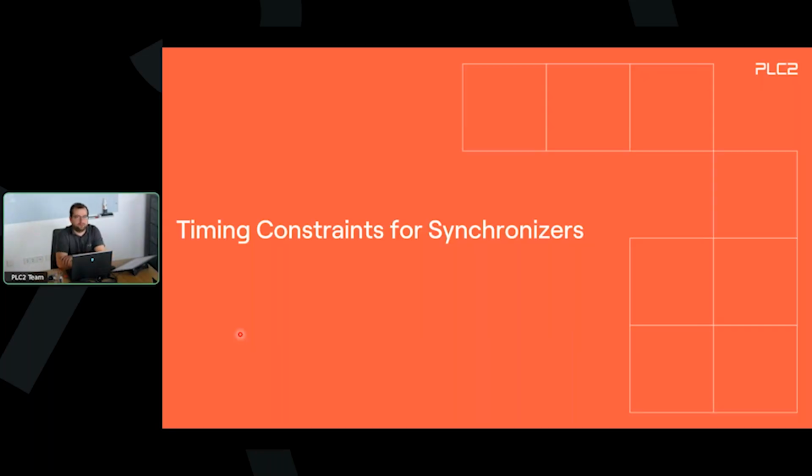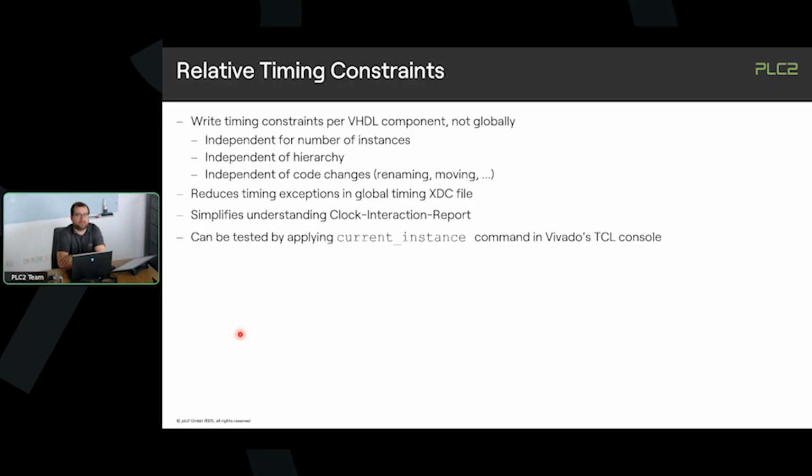Okay, so this is from the implementation side, and I want to spend my last minutes on talking about timing constraints for synchronizers. The first idea is to use relative timing constraints. So we are writing timing constraints per VHDL component, not any global timing constraints.